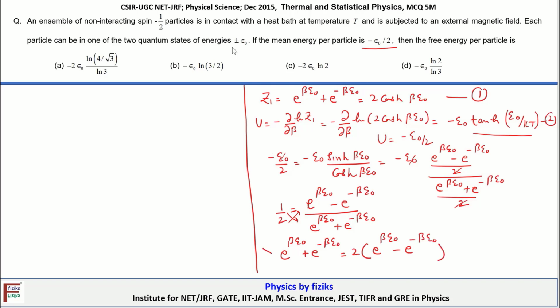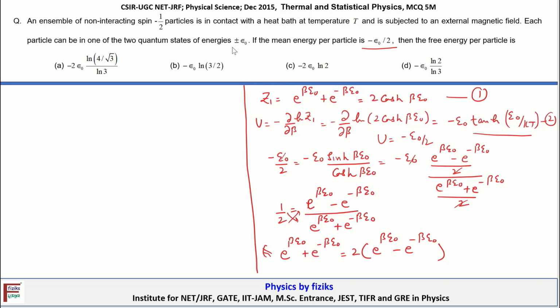After solving this expression, I'm writing the final result here because it's simply the arrangement of the terms. After rearranging, the terms with the negative exponent you keep on one side, and terms with the positive exponent on the other side.